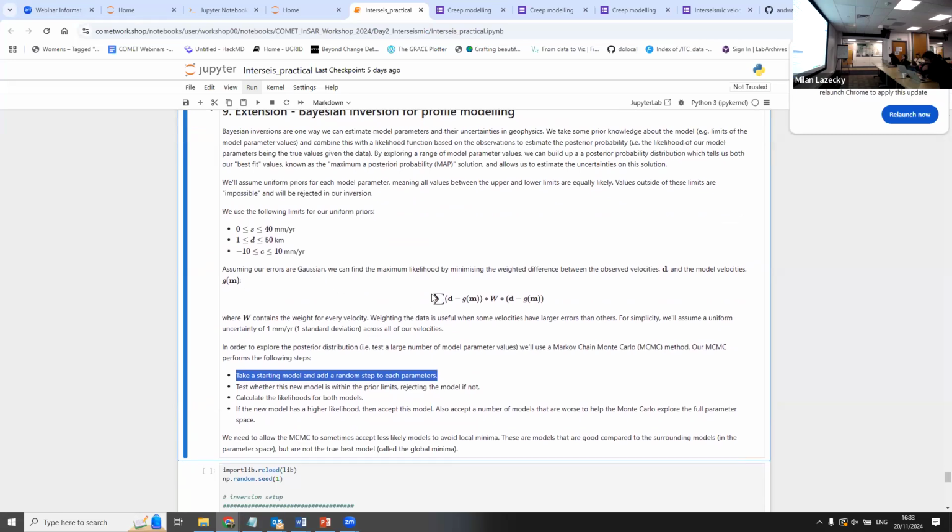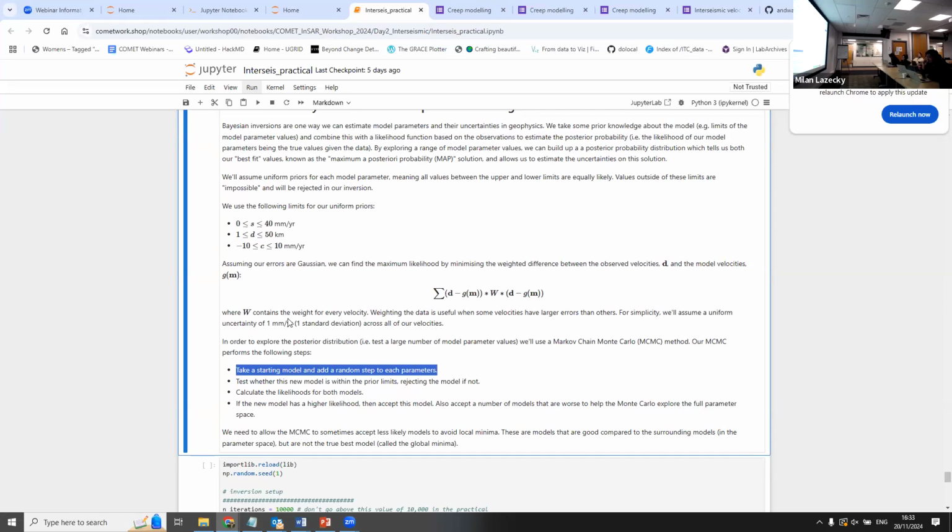In this inversion, we will try to minimize the weighted difference between the observed velocities and the model velocities. This W is the weight for every velocity. Normally, this is the covariance matrix of the data.